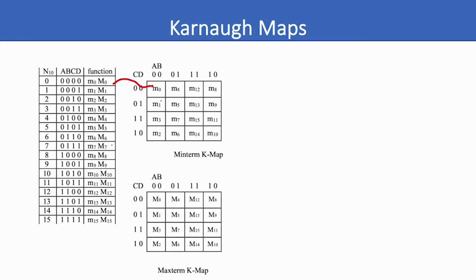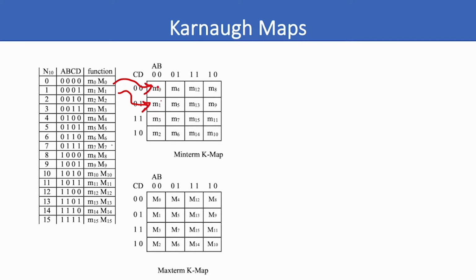M0 is the first one here. That's 0, 0, 0, 0. M1 is 0, 0, 0, 1. So M1 is down here. As you go down, these are all mapped into an individual cube on the Karnaugh map.